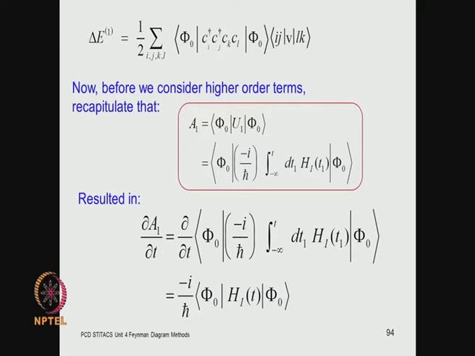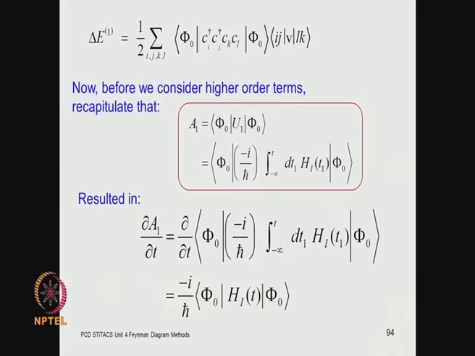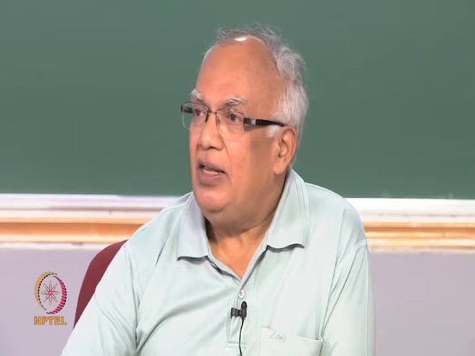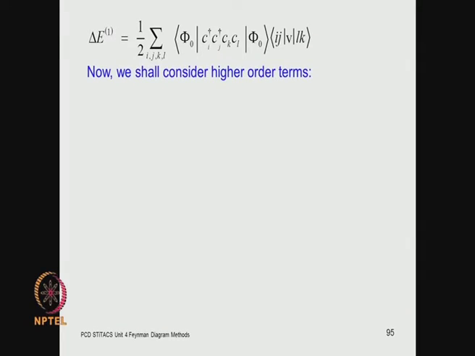This is what you get, and this is a result that we will make use of when we deal with second and higher order terms. So, I just want you to remember this result at the back of your mind. So, your result then becomes independent of T1, which gets integrated out, and the result does carry the interaction term Hamiltonian with the argument T. Okay. So, that is the one that will show up in subsequent terms.